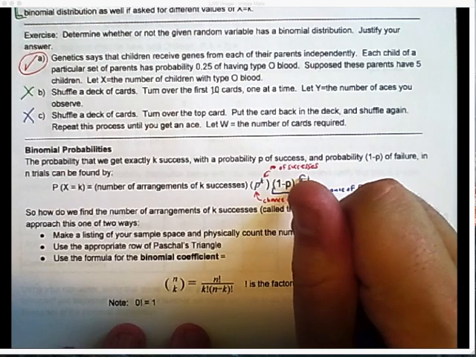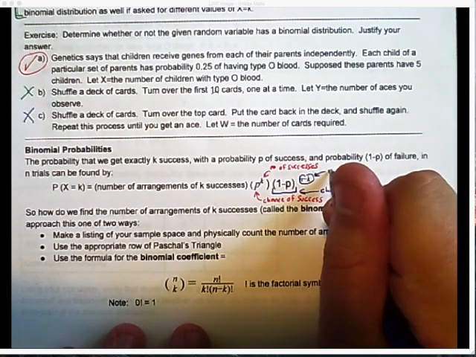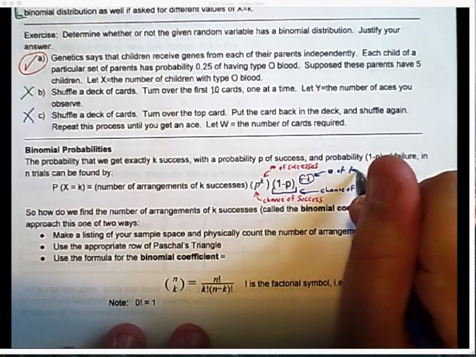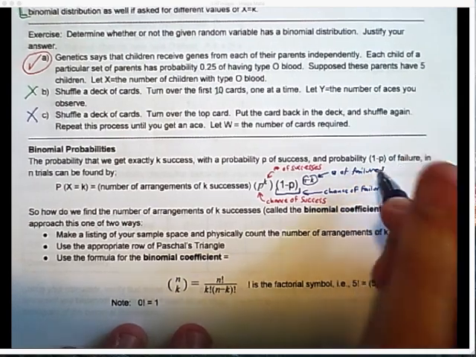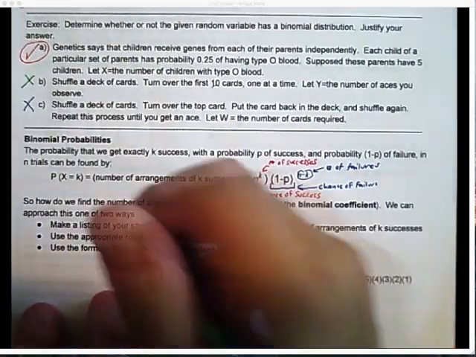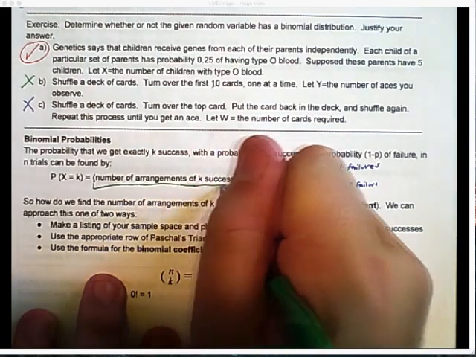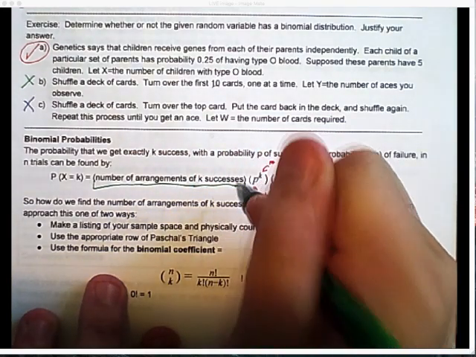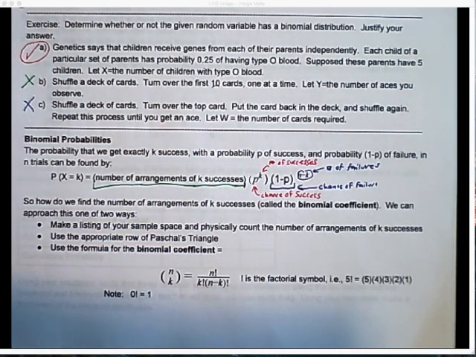And the N minus K would be the number of failures. And then in front here, the number of arrangements of K successes.